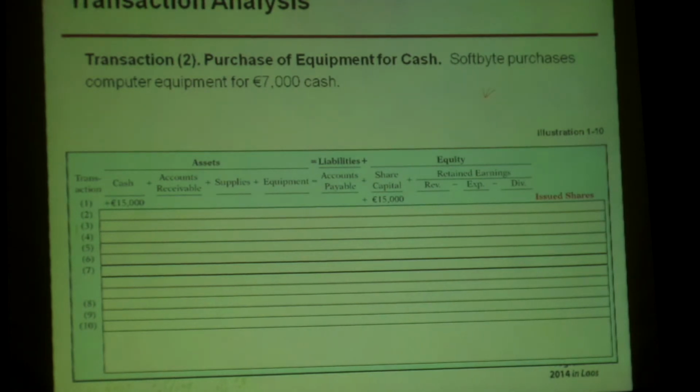Cash decrease and the increase, equipment. So equipment and the cash are both under the asset. So there is the equality in equation. Right?